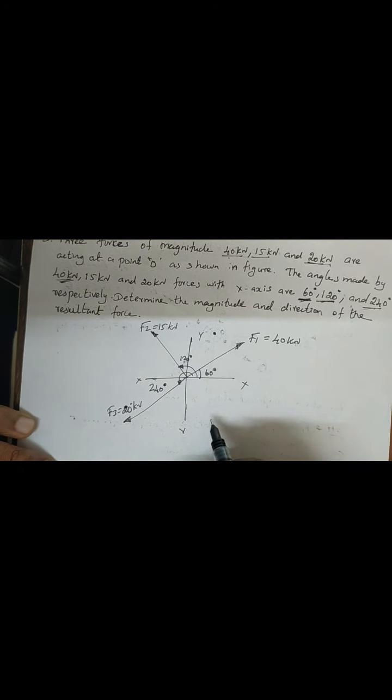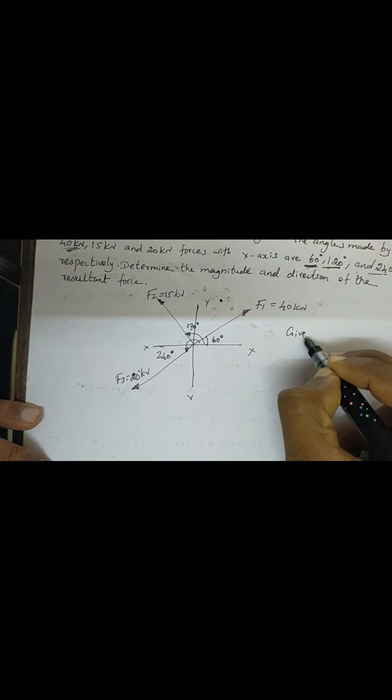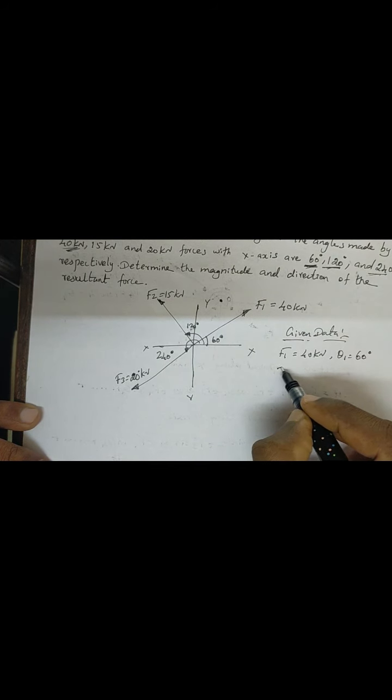First of all, write what data are given in the problem. Given data: F1 equal to 40 kilonewton, corresponding angle theta 1 equal to 60 degree.